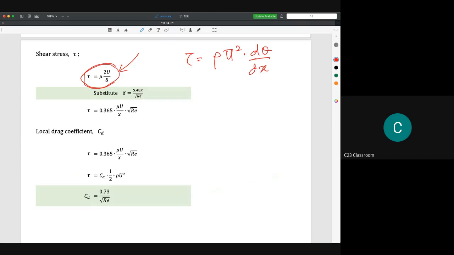Why can we not use this one? It is not that we cannot use it, but for this equation the term is still in differential form. So we still have dx and d theta/dx. If you want to use this term, you need to solve it first before you could continue with the calculation.